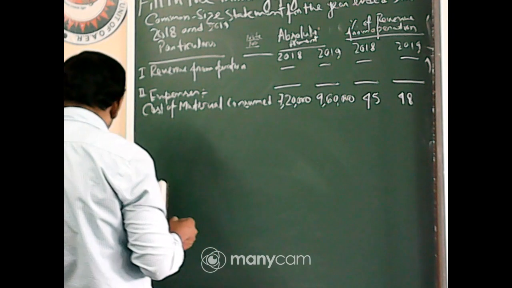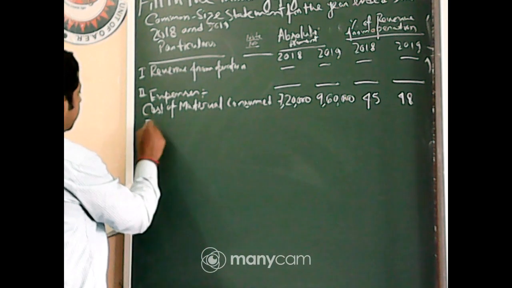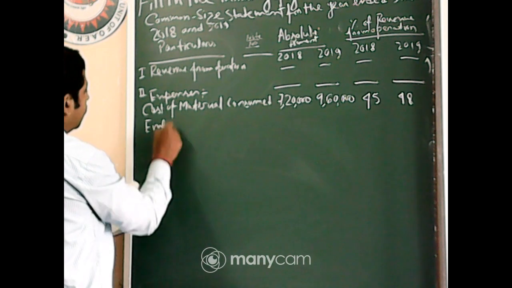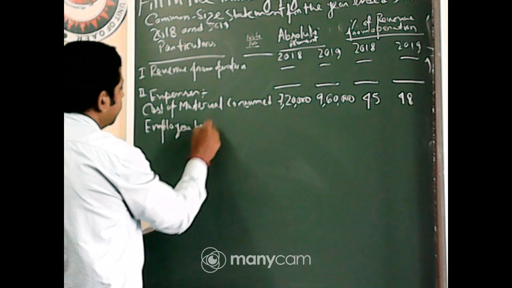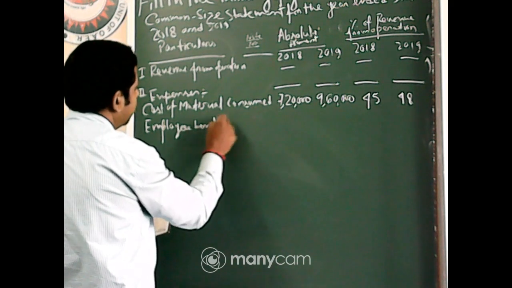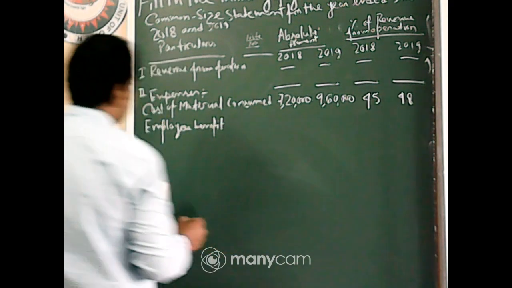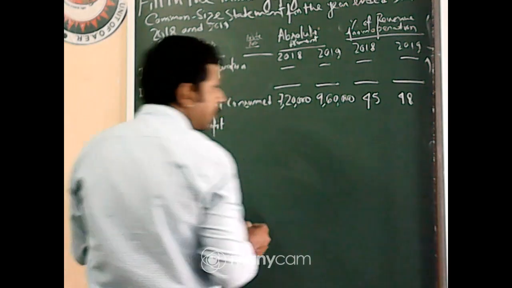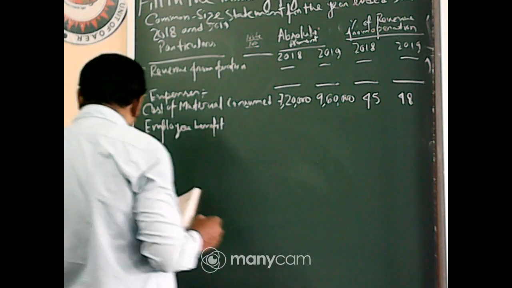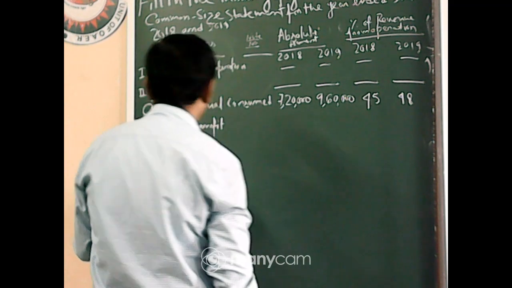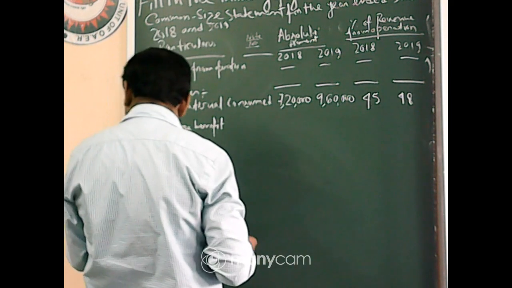Next is employee benefit cost. Employee benefit cost means the benefits the company gives to its employees, such as gratuity, provident fund, maybe some accidental benefit.